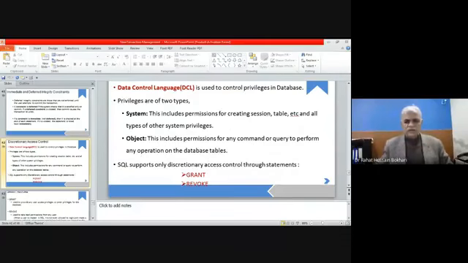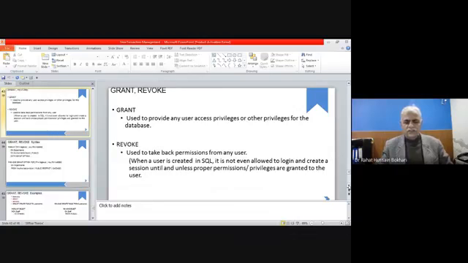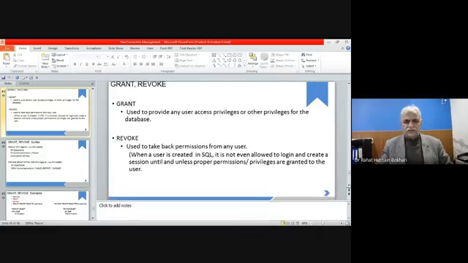We have already studied grant and revoke in our previous lectures. Grant provides any user access to the database, and revoke means the granted privileges should be withdrawn. So these are the two aspects of grant and revoke.